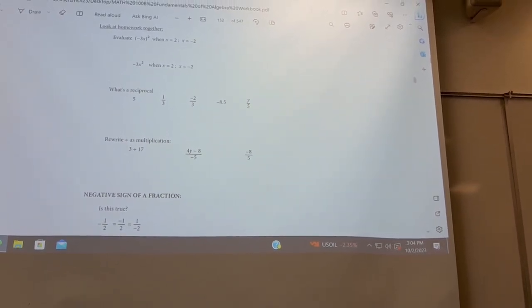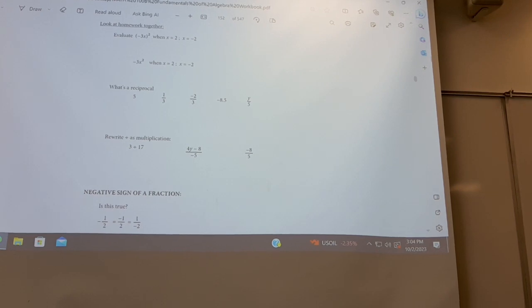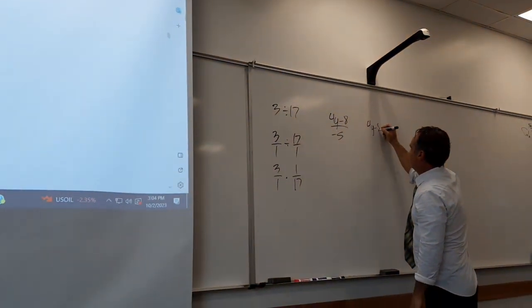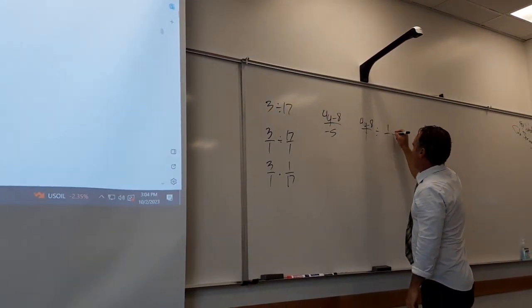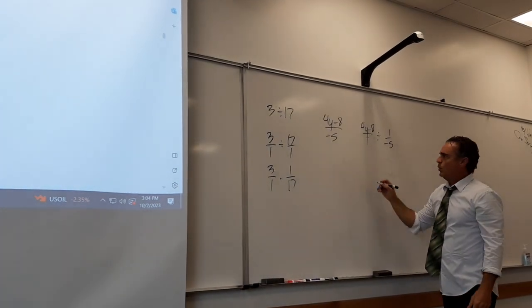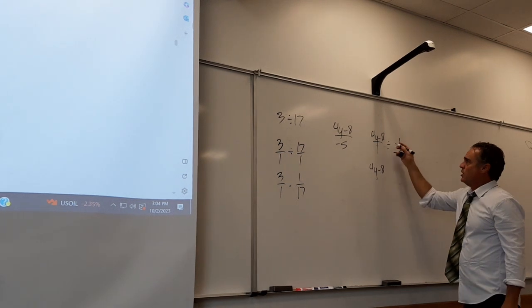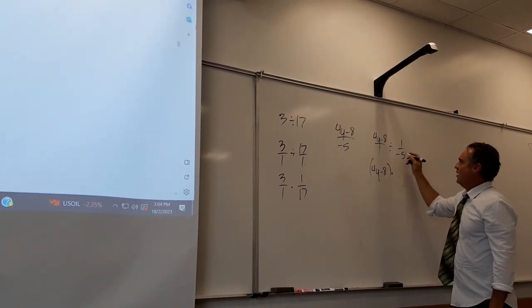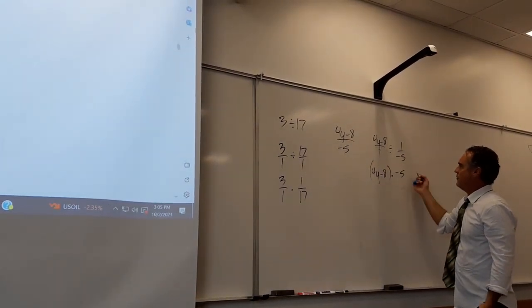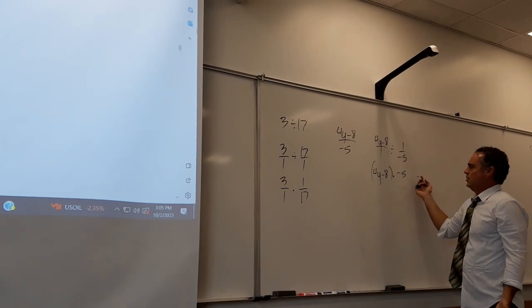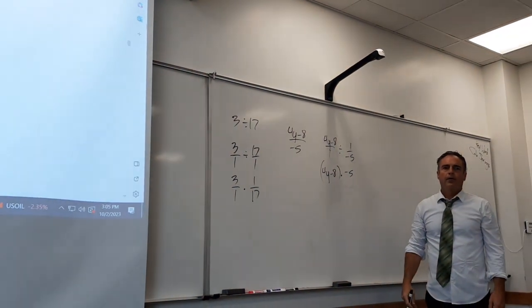Then, wouldn't you agree, I have, in essence, 4y minus 8 over 1 divided by 1 over negative 5. Agreed? Which would be 4y minus 8 over 1, which is just 4y minus 8. Change division to multiplication, and flip the second fraction to negative 5 over 1, or just times negative 5.